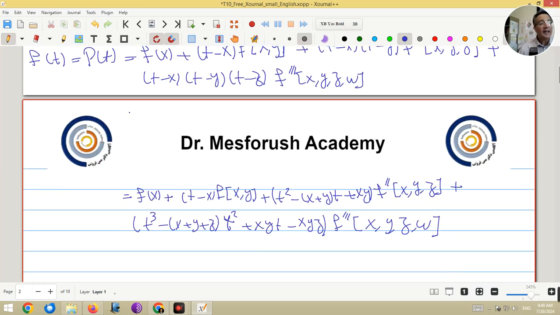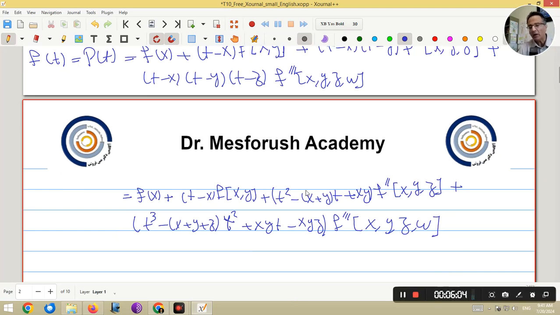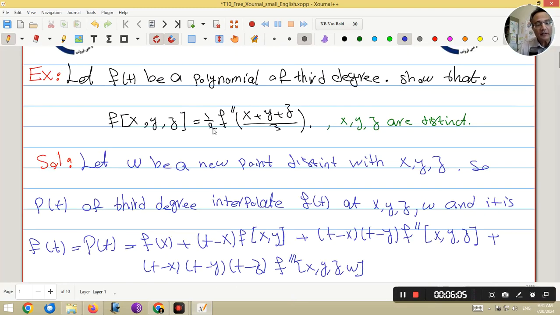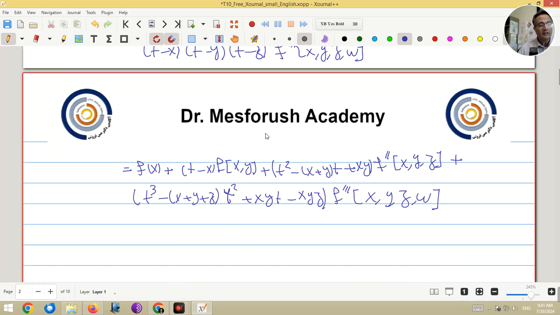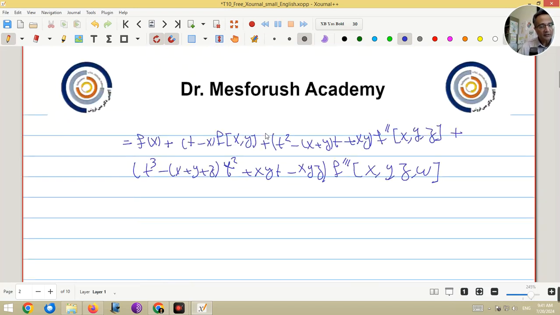Now, take the second derivative from both sides. Why do we have to take the second derivative? It's because here we need f double prime at this point. So take the second derivative.